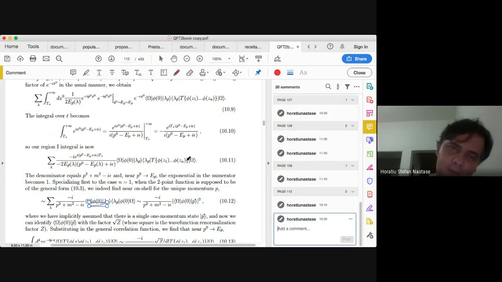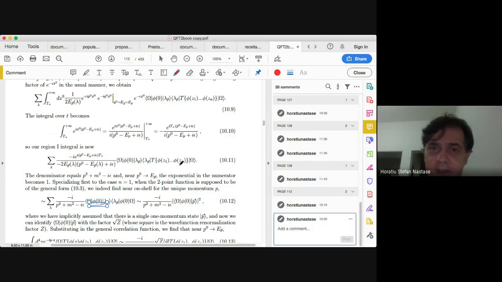So let's say by this definition, we started initially with the n+1 point correlation function, and now we're left with this kind of thing, with lambda p here, but an n-point correlation function.